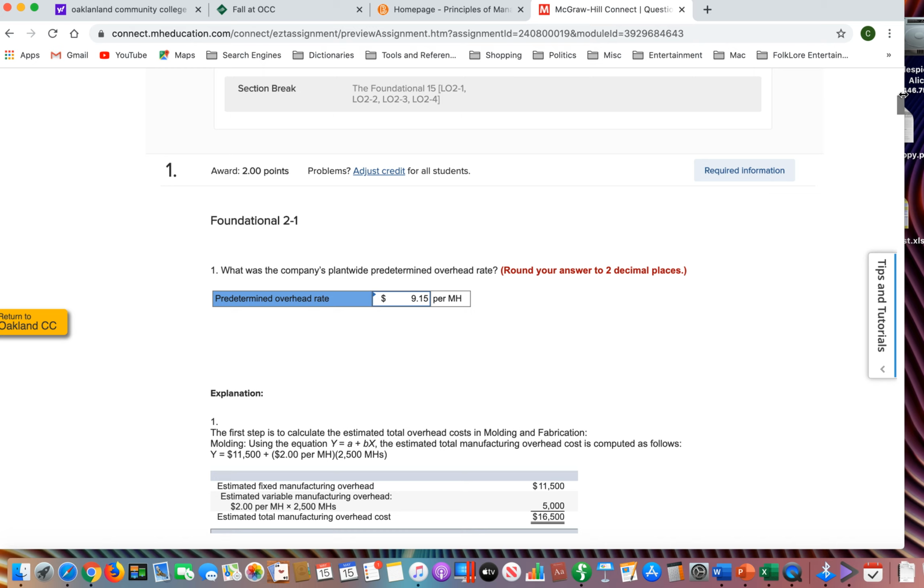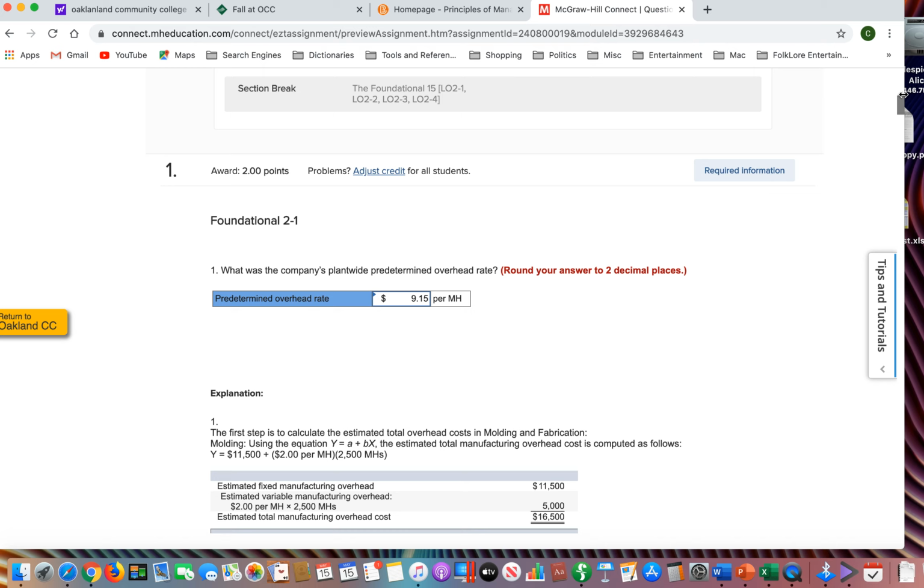Don't forget, what you're going to have to do for job P is take the cost, direct labor and direct material, don't forget that, because we're talking about product cost, and the overhead for molding and the overhead for fabrication. Add those two together and you get, so the overhead for job P is $31,260.